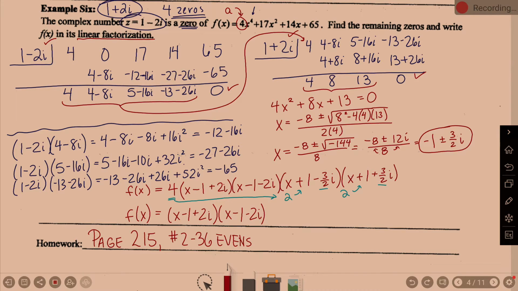This third set of parentheses has a denominator of 2 I want to get rid of. So I'm going to multiply that entire set of parentheses by 2. So what was x plus 1 minus 3 halves i, multiplied by 2, becomes 2x plus 2 minus 3i.